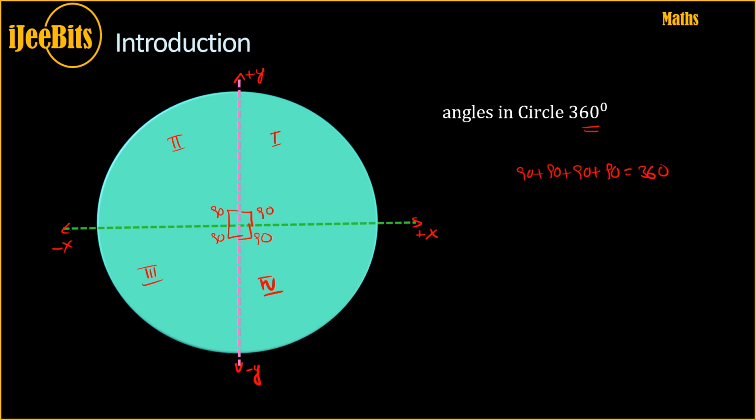Okay, and then within the coordinates, when you represent a point in the coordinate system, we need to understand the signs, right? Any point in this area would be plus comma plus. X and y would be plus comma plus, right? Because positive x and then positive y. Look at here now, negative x and positive y.